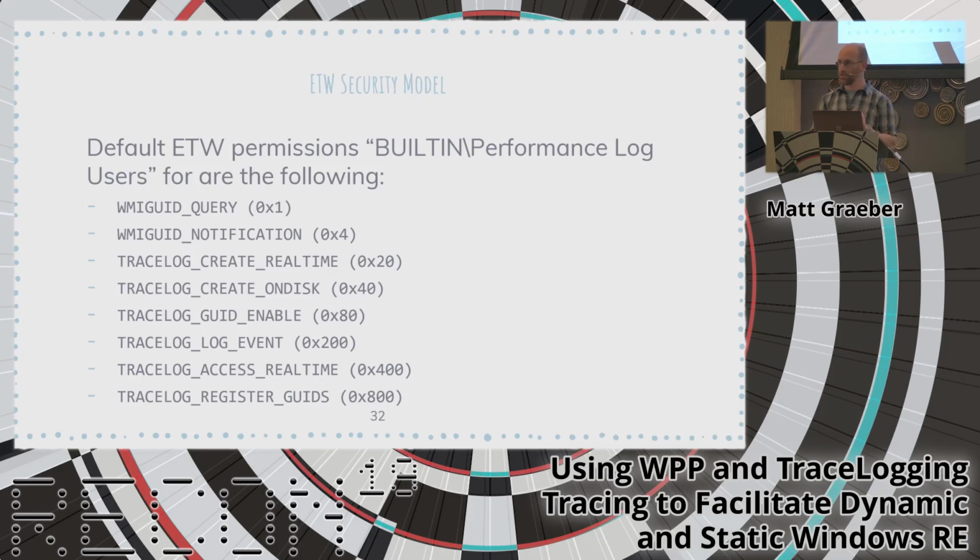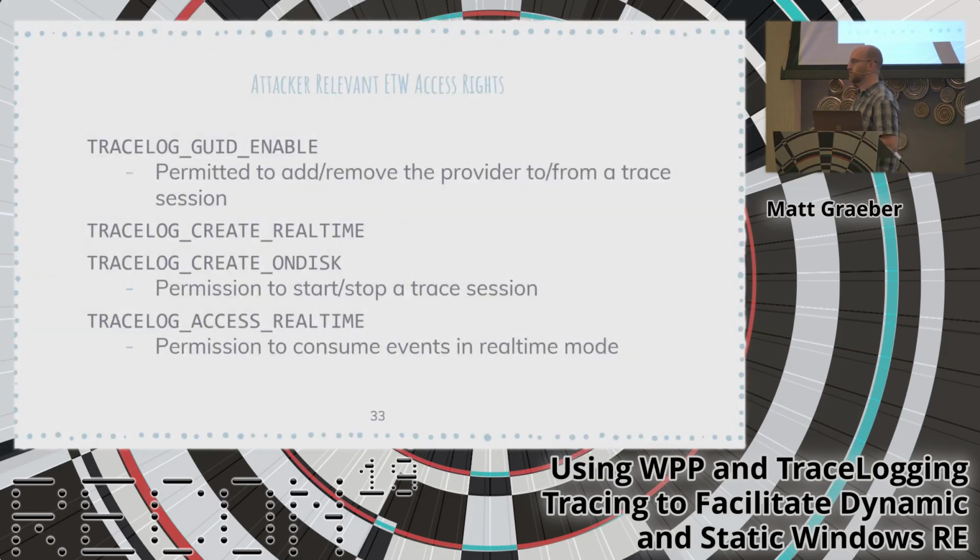I'm not going to go into what each one means. I'm just going to cover the ones that are particularly interesting to me as an attacker or someone who might want to subvert the overall security model. The most interesting ones to me are TraceLog GUID enable. This means I can add or remove a provider to or from a trace session.